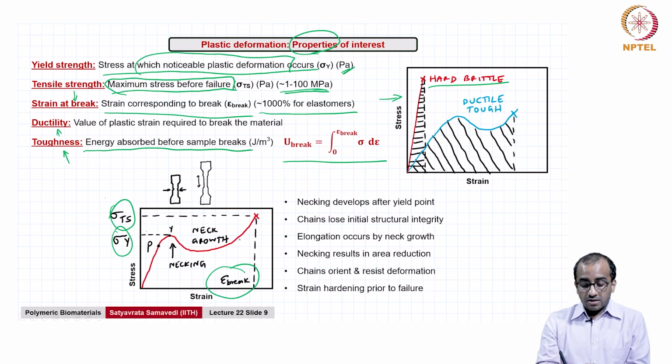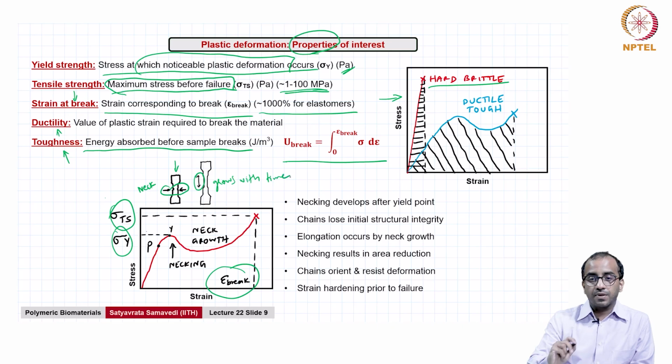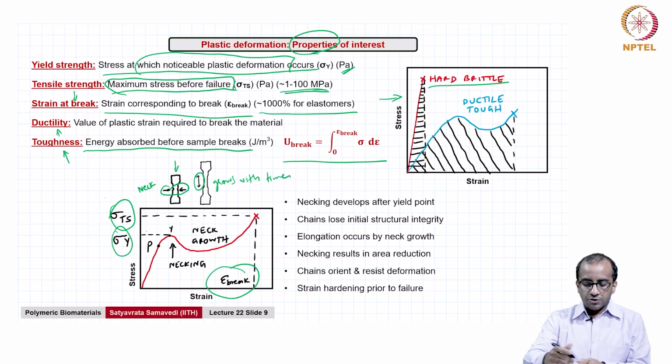One important idea that happens to the material as you are stretching it, particularly beyond the yield point, is this idea called necking, which is shown here. You see the arrows indicate the formation of a neck which grows with time as you keep stretching, and the material is going to eventually fail somewhere here in the middle, right.